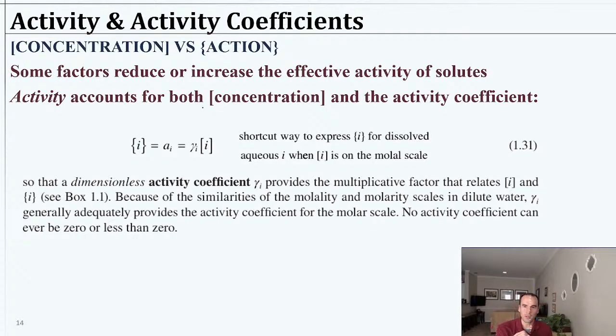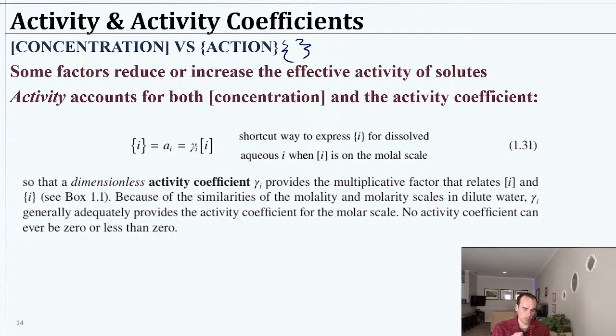And you'll notice we put curly brackets for activity and square brackets for concentration in moles per liter. So the change here is that the activity of I is equal to, we can write it as A_I, the activity of I. And we can say that's equal to the concentration of I times this coefficient. And this coefficient is simply a dimensionless activity coefficient.